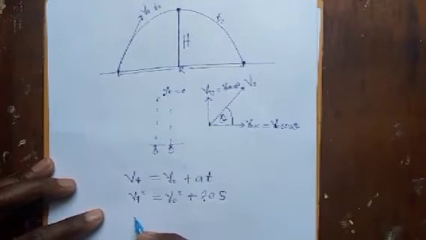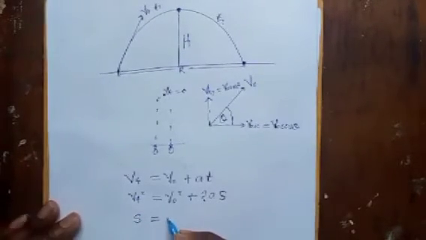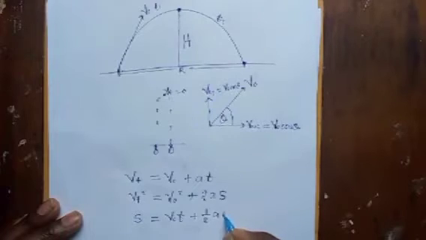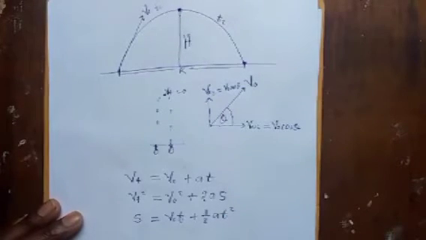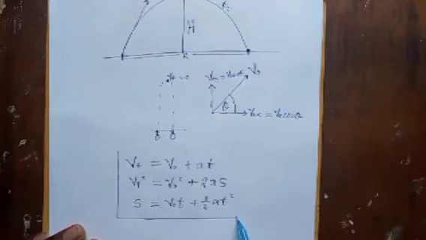Okay, we also learned about something which is also very important. We say S is equal to V initial T plus 1 over 2 A T squared. These are the formulas that are very applicable when it comes to calculating or maybe when deriving the same formulas.